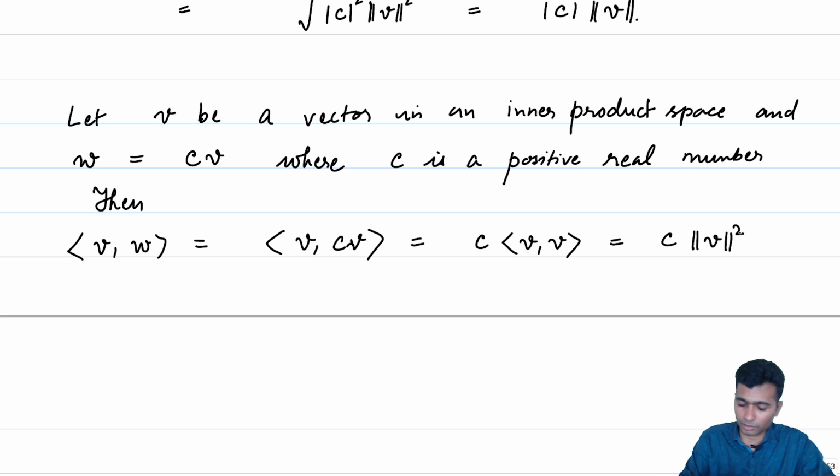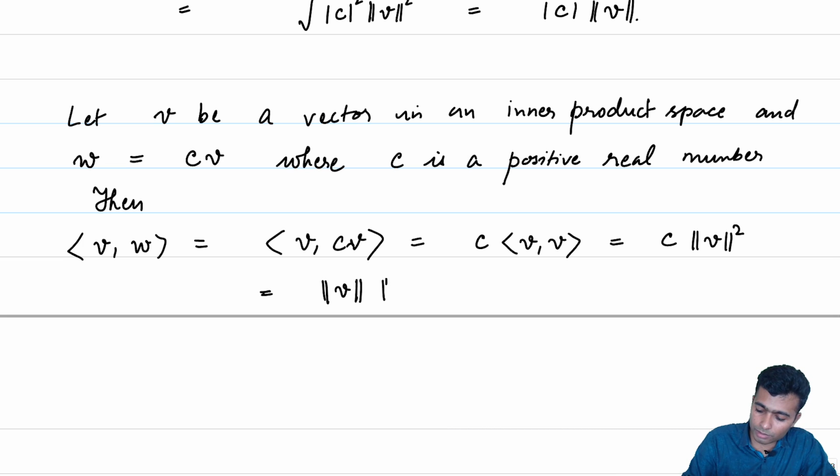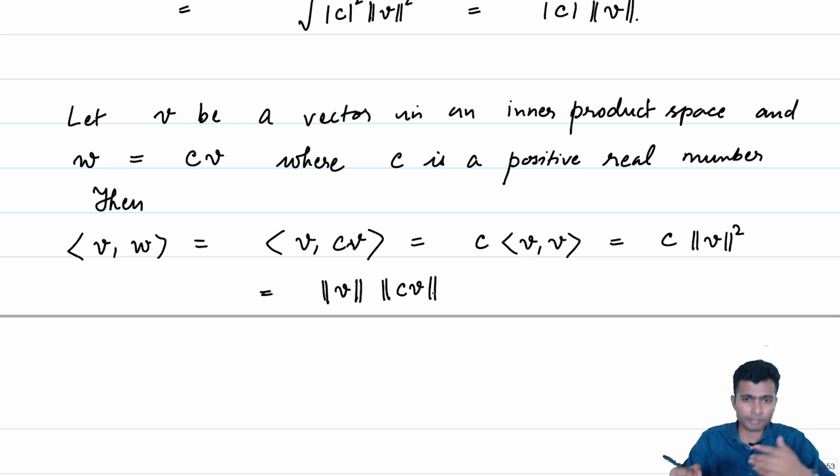But what is the norm of V squared? This is just equal to the norm of V times the norm of CV, by whatever we have just checked. Sorry, I am saying norm many times, but I mean length. The length of V times the length of CV. But the length of CV is just the absolute value of C times the length of V, and the absolute value of C in this case is equal to C because C is a positive real number.